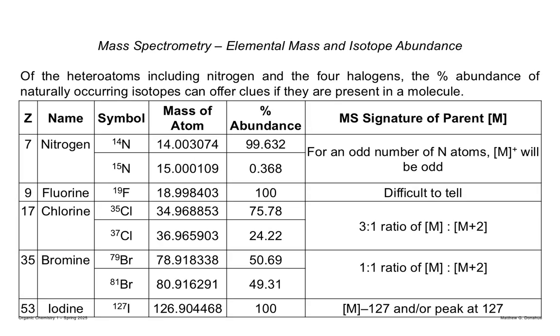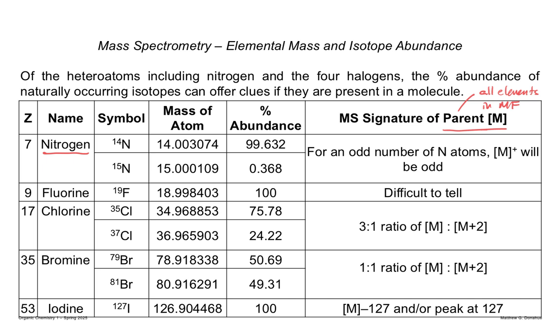So what are the signatures that we want to pay specific attention to in terms of these other heteroatoms? If the molecule contains nitrogen, the mass of the parent, so this nomenclature we're using for parent is that square bracket M. So parent means all the elements in the molecular formula.